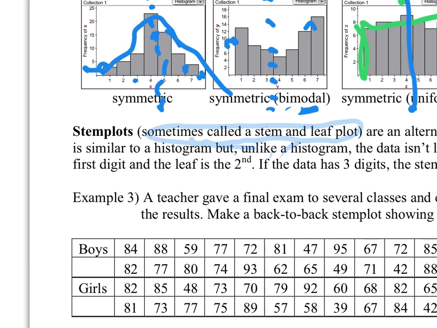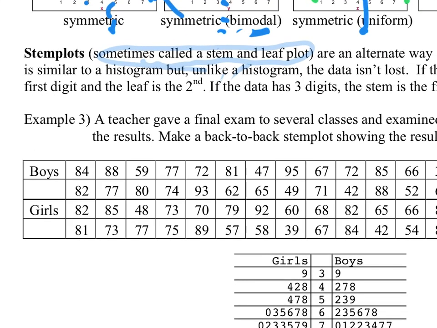So we're going to make a stem and leaf. We have data here, and stem and leaf is good when there's boys and girls, or cats and dogs, or people from 1920 and people from 1921, and you want to compare the shape of both pieces of data.